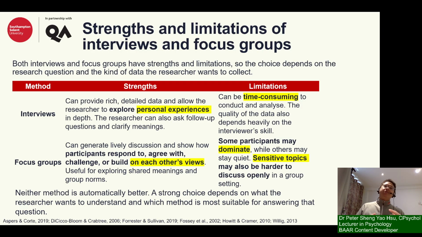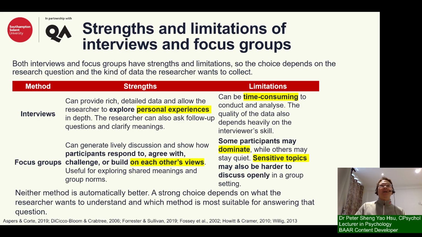This is why concepts such as subjectivity and reflexivity are important. Qualitative researchers need to be transparent about how data are collected, interpreted, and written up. Sampling is also important because qualitative research does not simply aim for the largest possible sample.